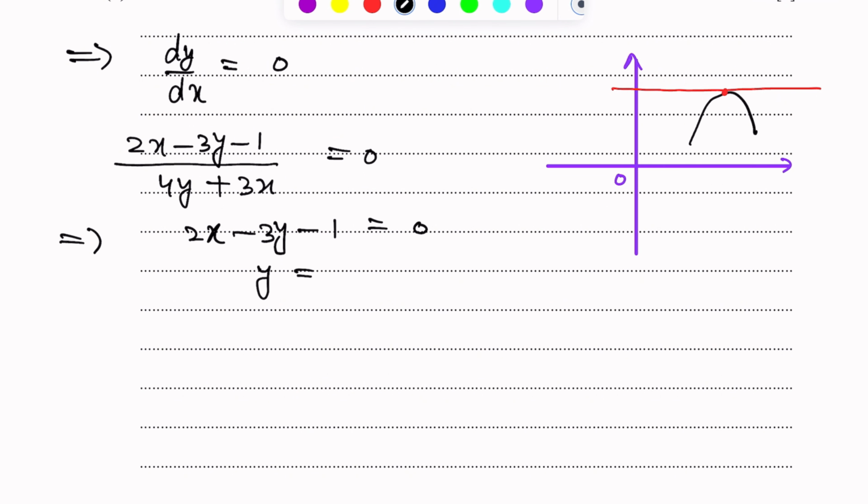We can write it in slope intercept form. 3y is equal to 2x minus 1. Y is equal to 2x minus 1 over 3.